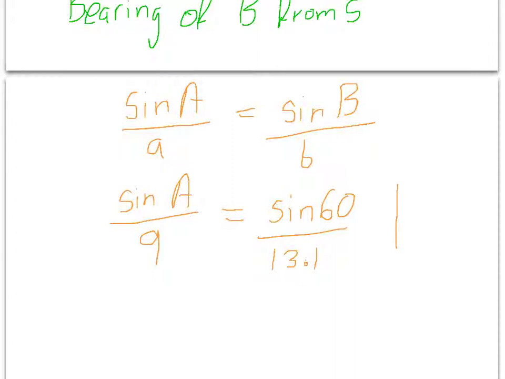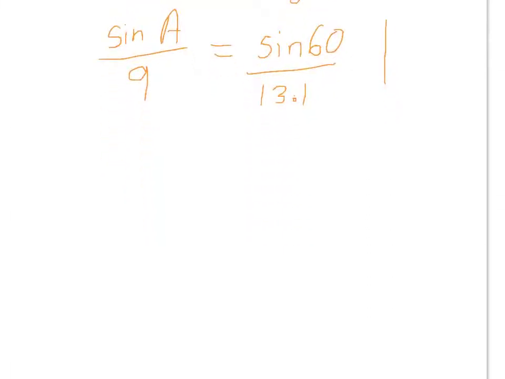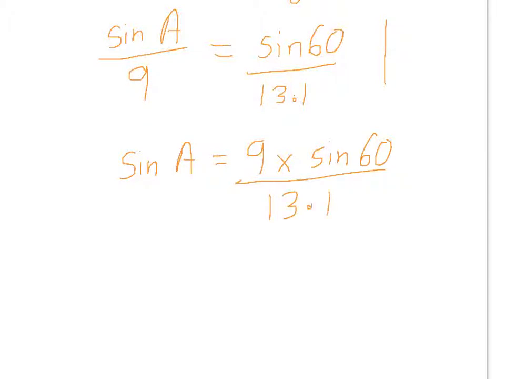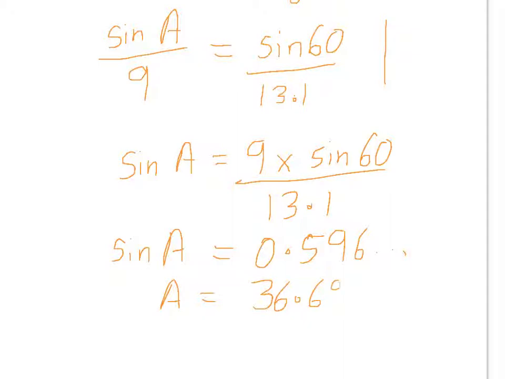Right, if we rearrange this equation, we're going to get sine A is equal to 9 times sine 60 over 13.1, which if you figure that out, you get 0.596... for sine A. Now remember, to find a missing angle, use the inverse button on your calculator. So sine to the minus 1 of 0.596 is 36.6 degrees. Now that isn't the final answer.